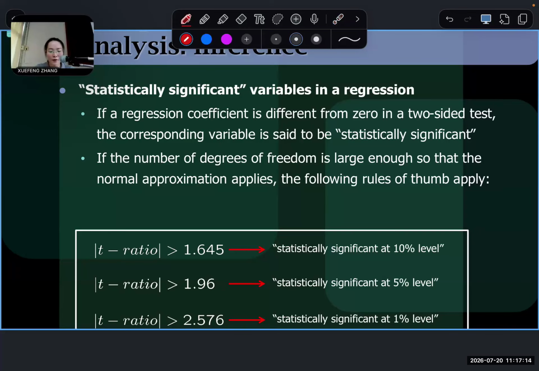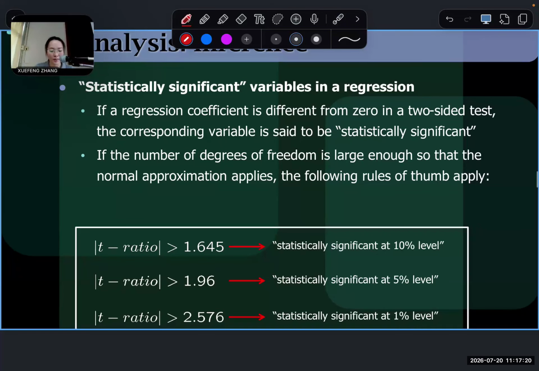Now, let's see the practical rule of thumb. Remember, if the degrees of freedom is large enough, okay, for the normal approximation, DF means degrees of freedom.